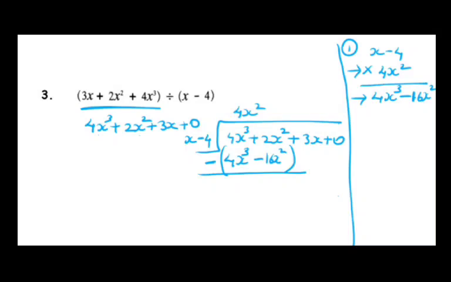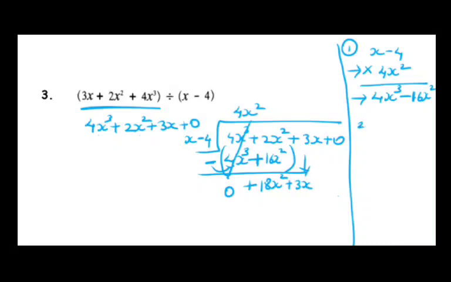This becomes 4x cube, gets eliminated, comes down as 0. This minus applies to this minus and minus become plus in multiplication. So plus 16x square and plus 2x square makes it plus 18x square. Bring the 3x down.